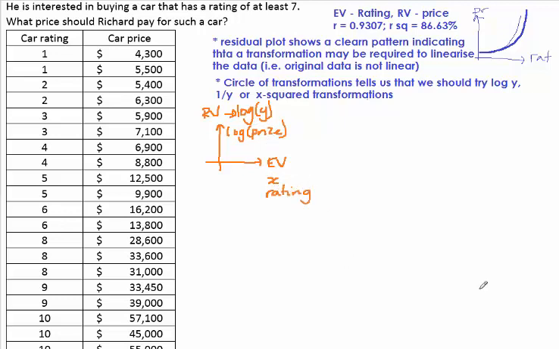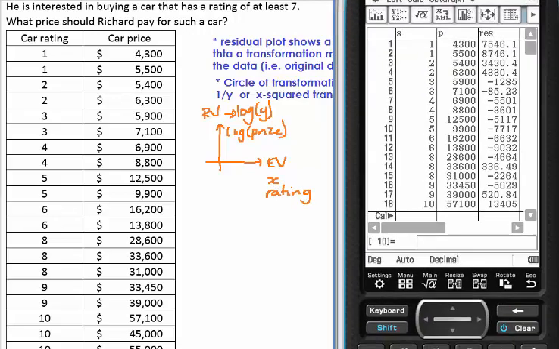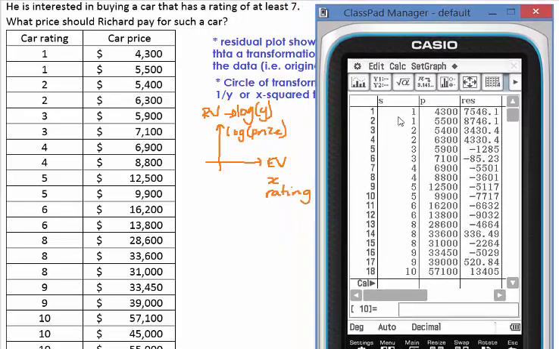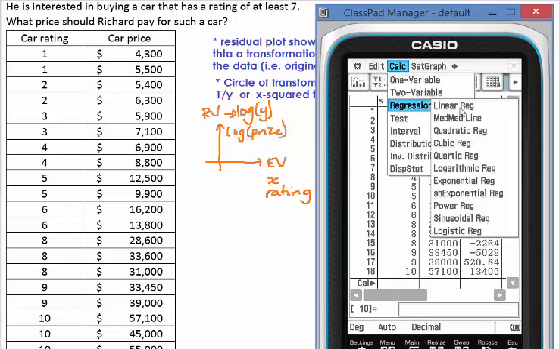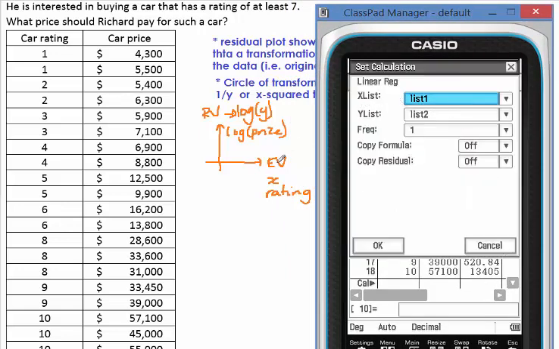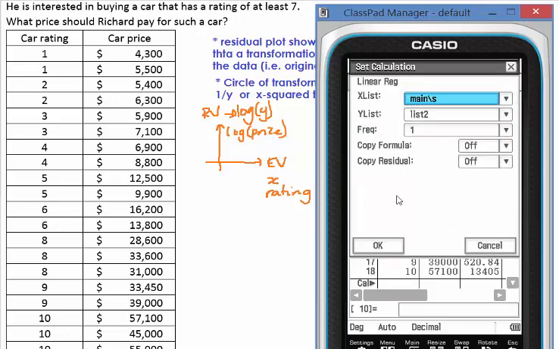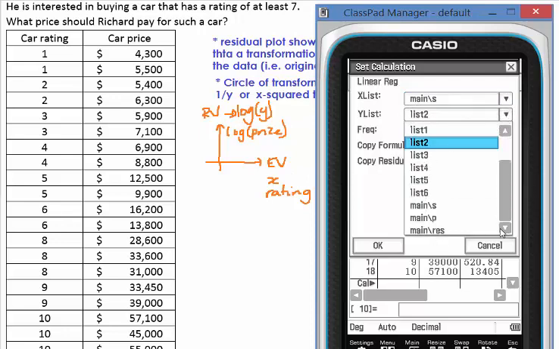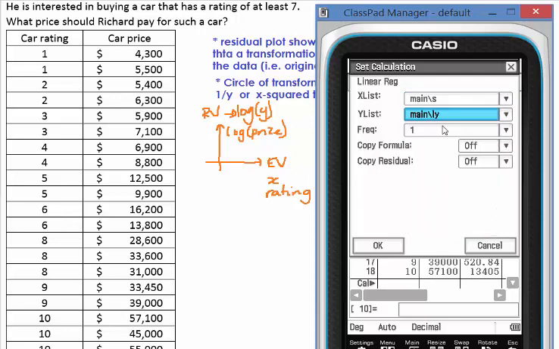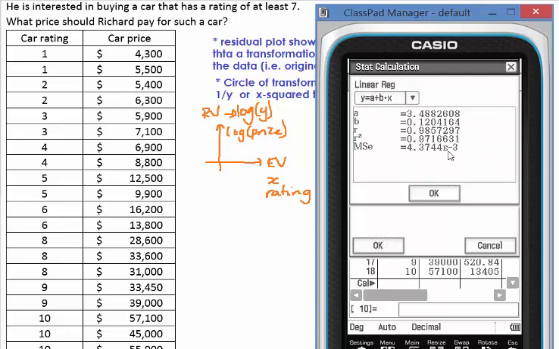Now let's go to our calculator, and we're going to find out the r squared values, because that's what matters. So we go calc, regression, linear regression, and remember my x list is still rating. I can tell that from the graph. My y list is now log y, which remember I called ly, and then I hit OK, and I find out I've got some really high numbers here.